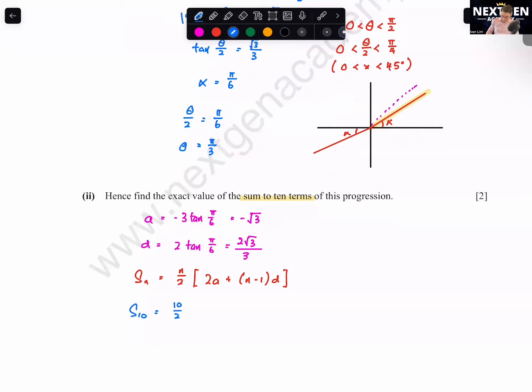S10 is 10 over 2, 2 times negative root 3 plus 9d, 2 root 3 over 3. Type the whole thing in the calculator. It's just a 2-mark question only. You will get 20 root 3 here.